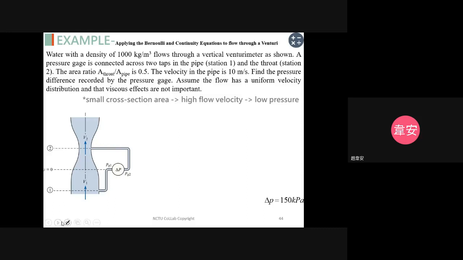Okay, so we go back to look at this exercise. Again, this exercise still focuses on the Bernoulli equation and the continuity equation, but our target is the venturi.